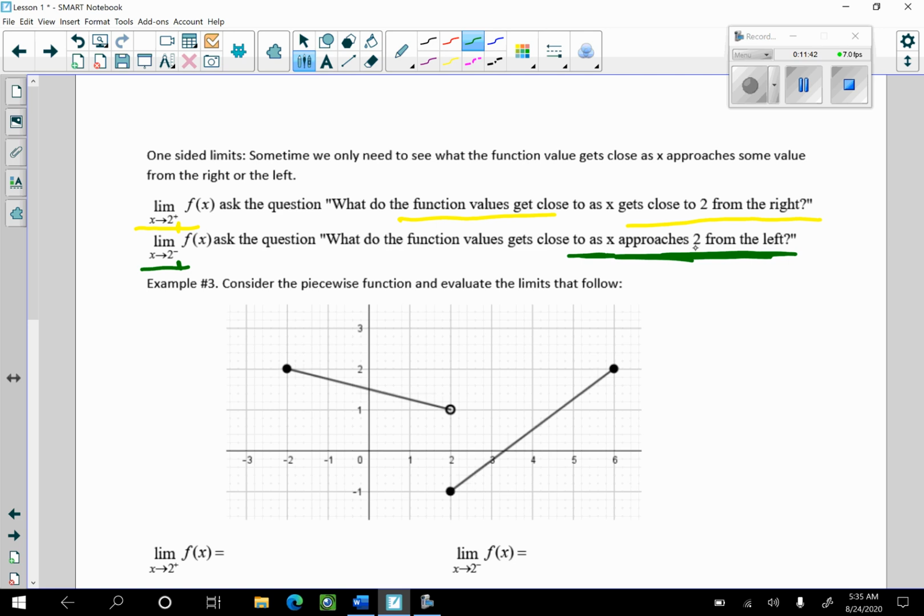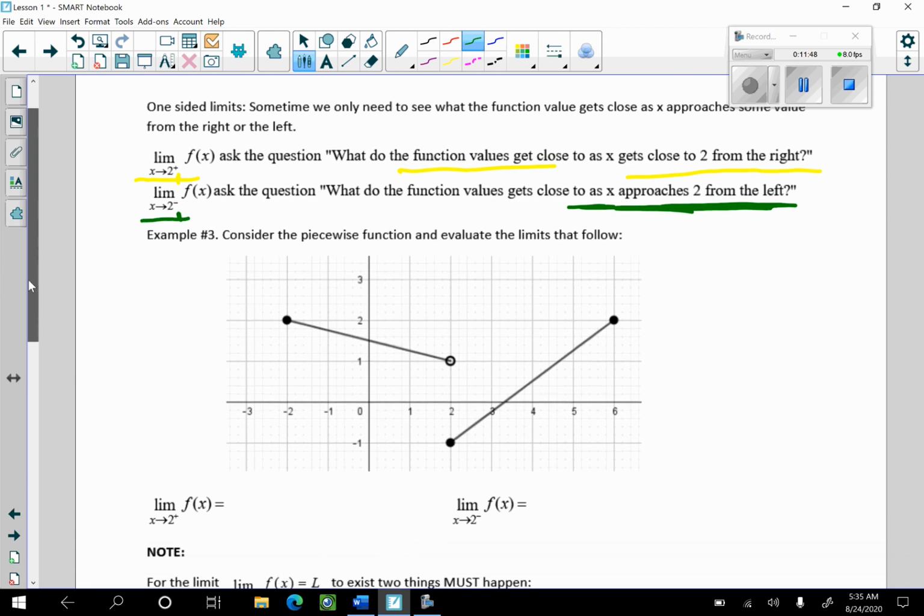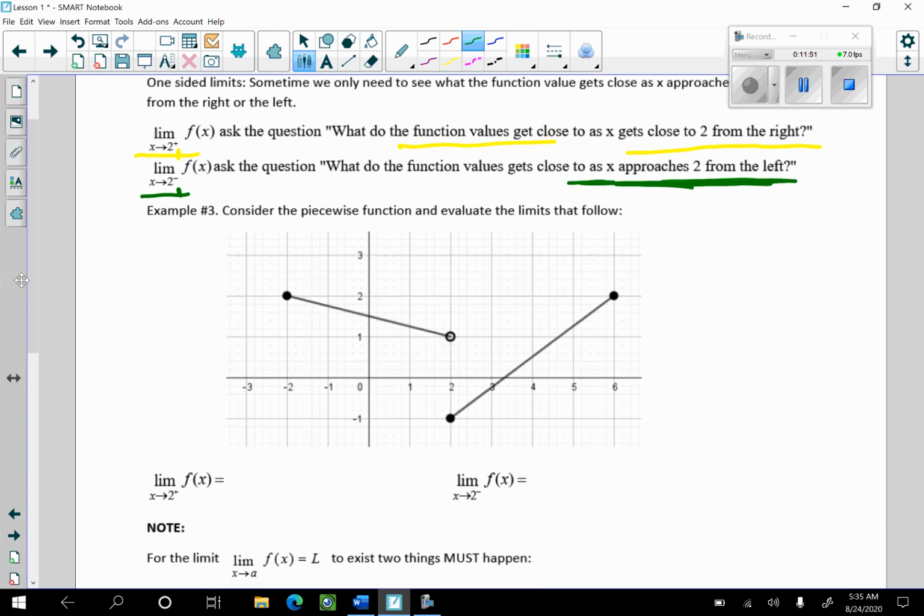So if I look down here, again, I have a graphical limit that I'm going to evaluate these limits. And this one says, what do the function values get close to as x approaches 2 from the right? So what am I doing right here? I'm approaching 2 from the right. What do the function values get close to?